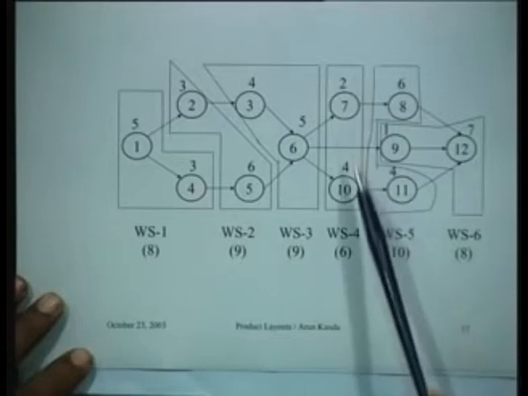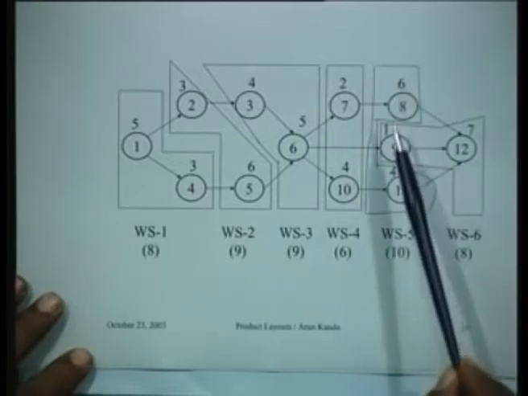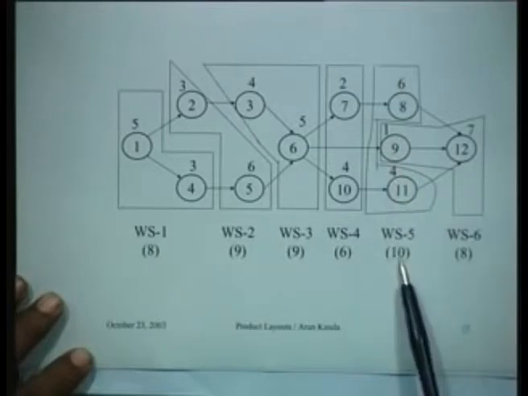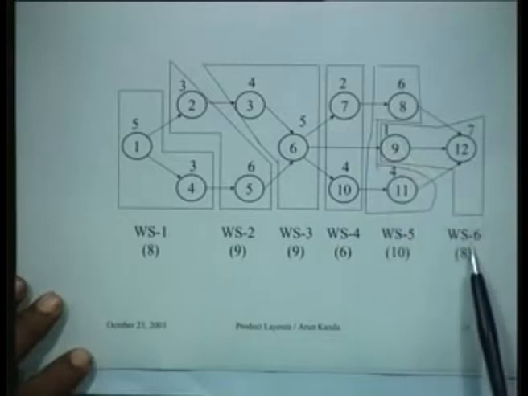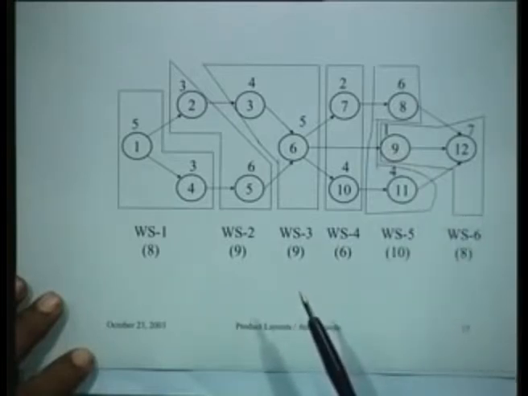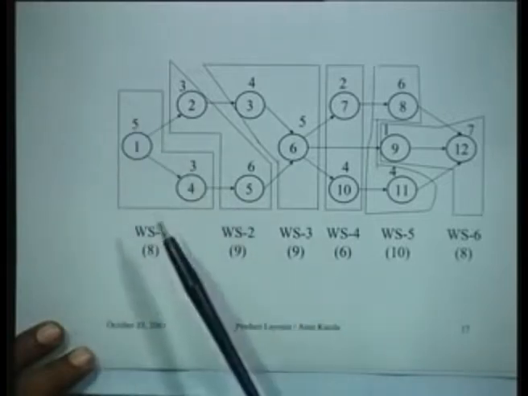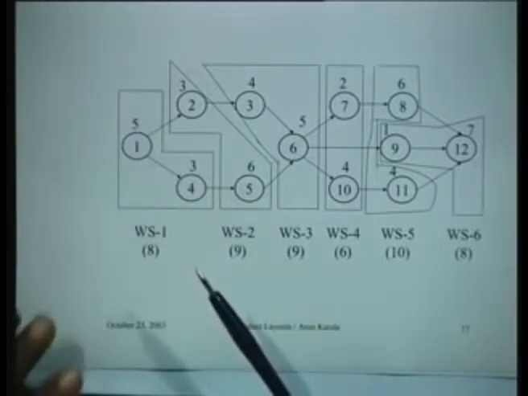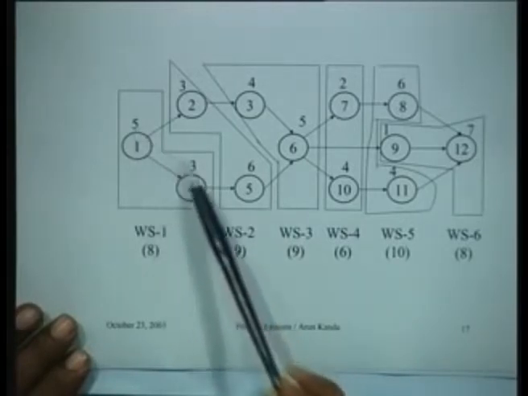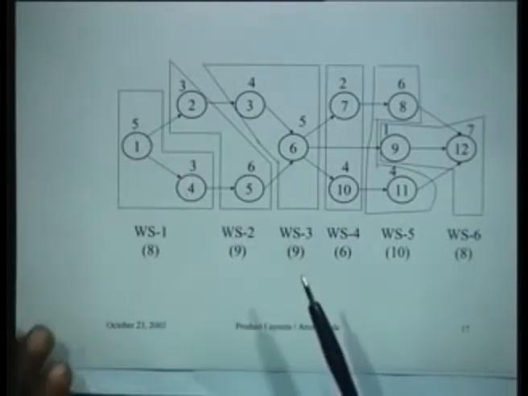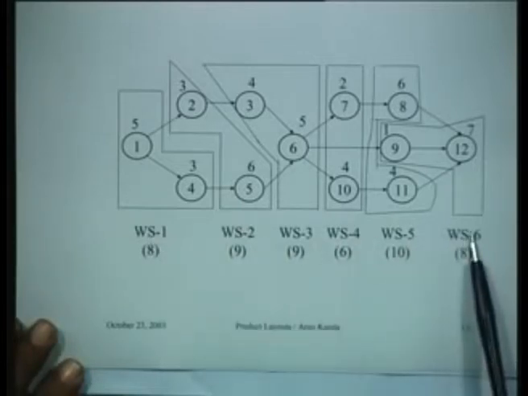This takes 2 plus 4, which is 6. This takes 6 plus 4, which is 10. And this takes 7 plus 1, which is 8. So by simply grouping parts, the sum of the times in each group must not exceed 10. So I have 6 workstations.